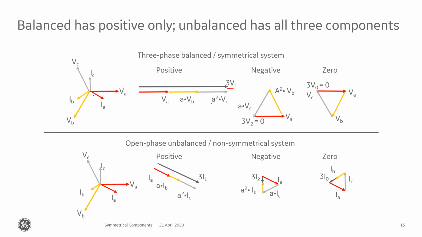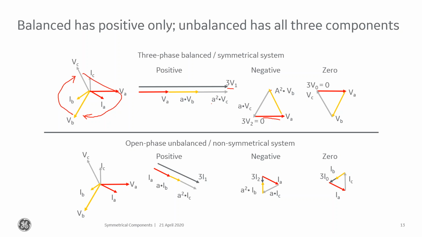So here's my A phase. A phase is sitting at 0 at 120. I'm going to take B for my negative, and I'm going to shift it up to where C was. Actually, it gets shifted by 120. So it gets shifted up here, and then C gets shifted down to here. What that looks like is the vector sum of those, as long as it's a balanced system.